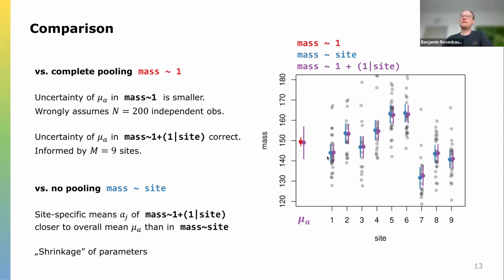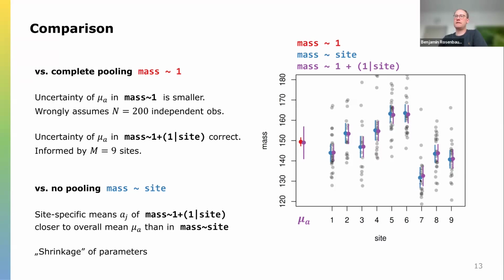Okay, and then if you go on site level, there is no site level prediction for the red model, or I mean it's the same as this overall, right? So there's no difference between sites. So we are just comparing the no pooling model now, and they are pretty close. However, if you look closely, for instance, here in the 7th site, we can see it quite nicely.